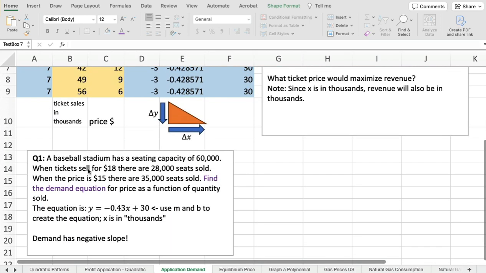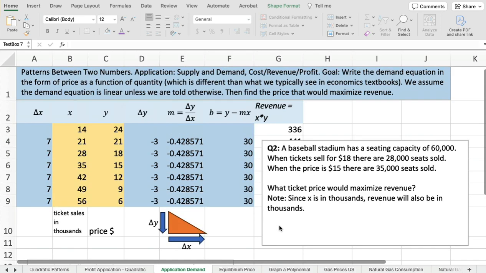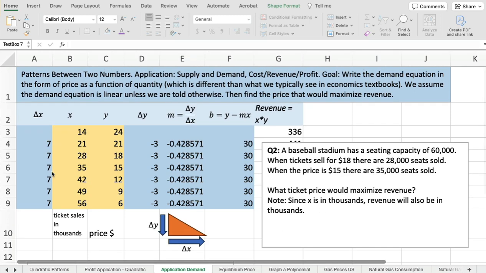Actually, that was the question where we were trying to set up the demand equation for price as a function of quantity. So we have the same numbers as that spreadsheet we had before, but now we're being asked what ticket price would maximize revenue.